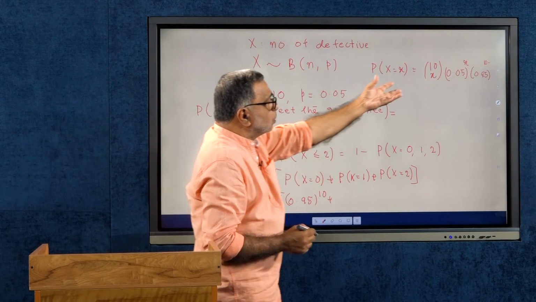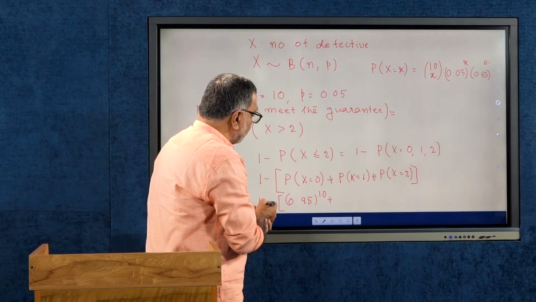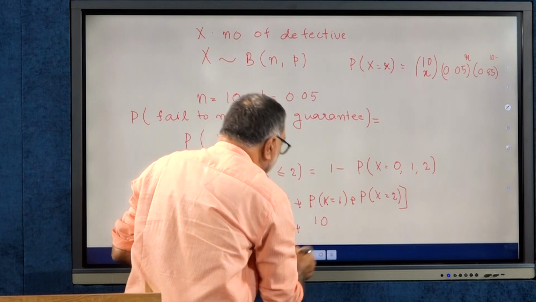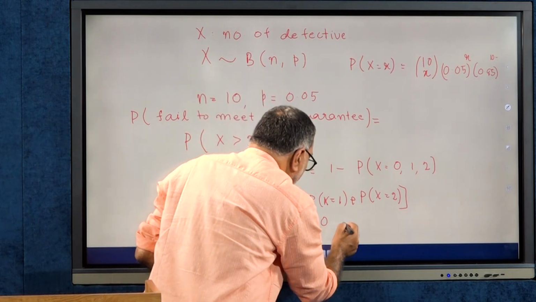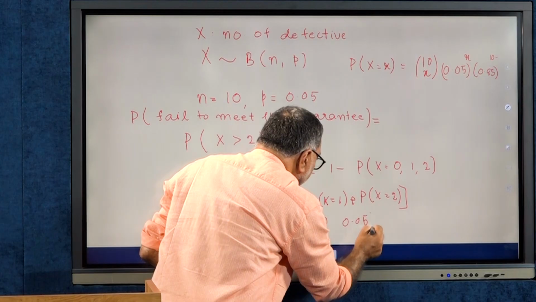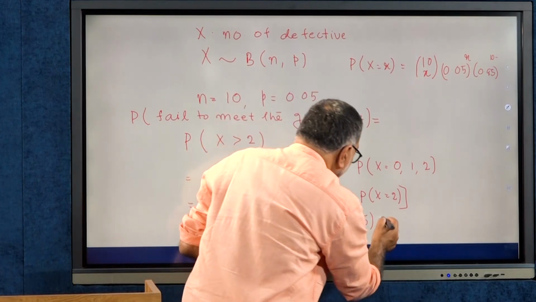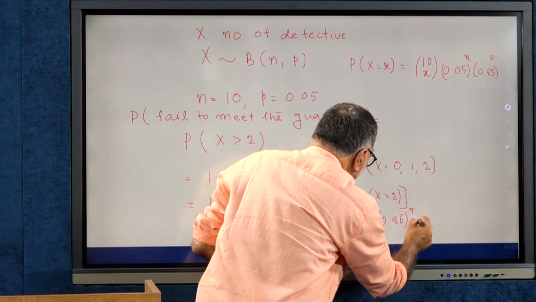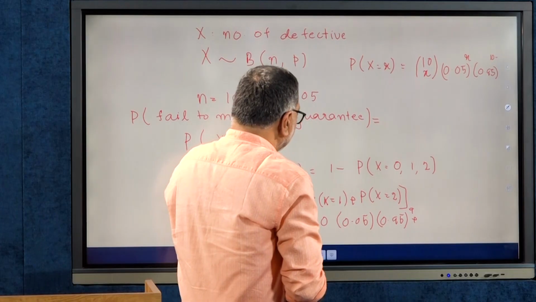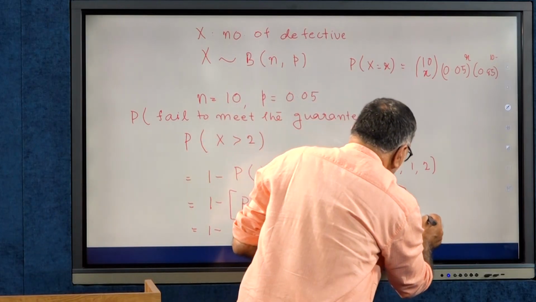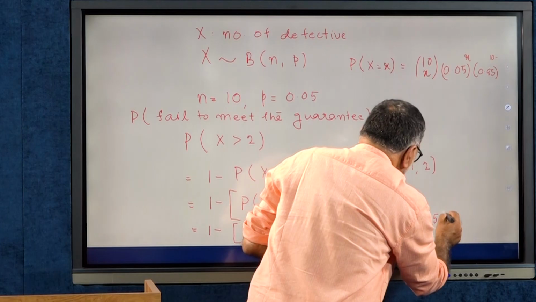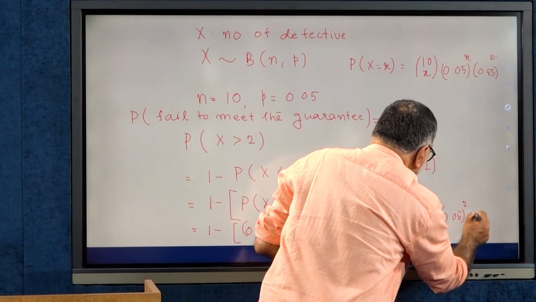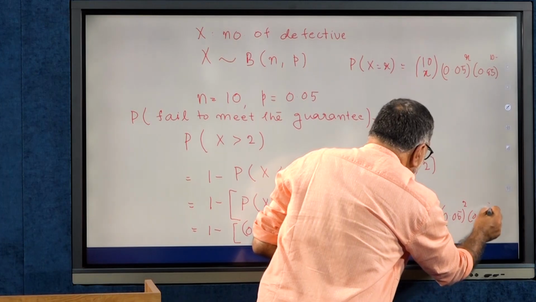The probability of X equal to 1 is 10C1, that is 10 itself, times 0.05 power 1 times 0.95 power 9, plus 10C2, which is 45, times 0.05 power 2 times 0.95 power 8.